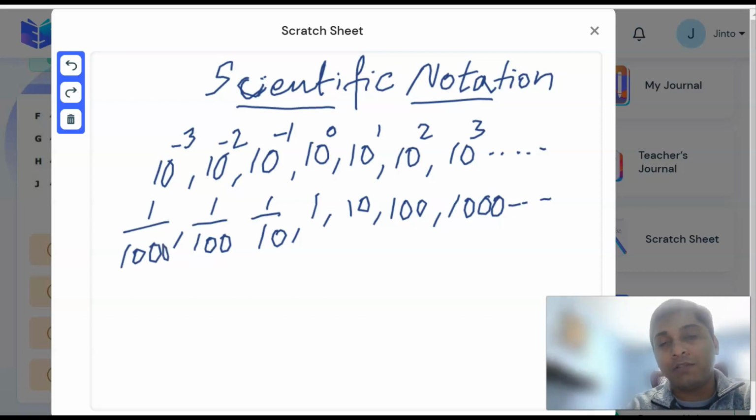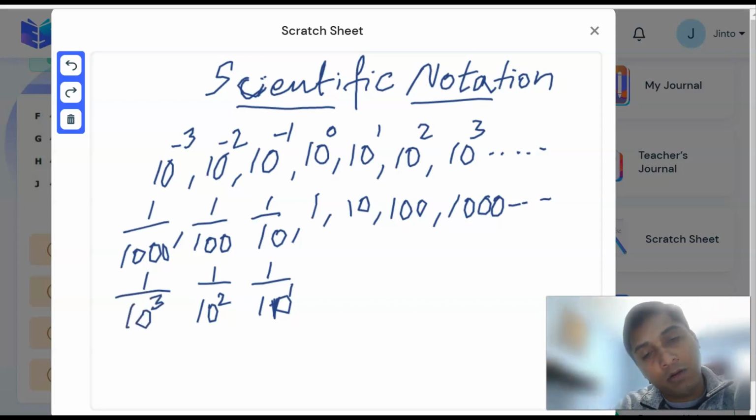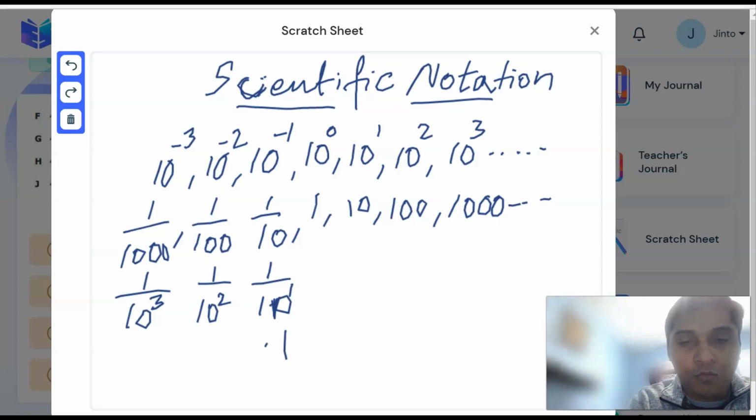You can also write these as 1 over 10 to the power of 1, 1 over 10 squared, 1 over 10 to the power of 3, which is the same as 1 over 10, 1 over 100, 1 over 1,000. The decimal values are very simple to identify. 1 over 10 is 0.1, 1 over 100 is 0.01, 1 over 1,000 is 0.001.